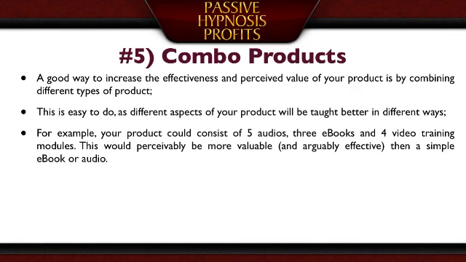And then the fourth part will be a number of video trainings, as I mentioned earlier, 5 short videos where I'll teach 5 basic NLP techniques, such as EFT and the elastic band around the wrist thing, which again, you'll learn all of that if you look at Elite Hypnosis Bootcamp. All of these simple NLP techniques will help people to beat the cravings once they have quit smoking with your system.